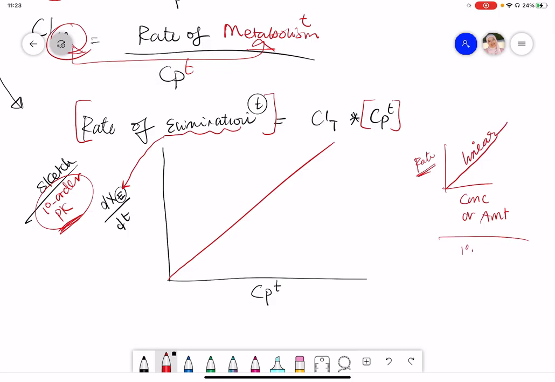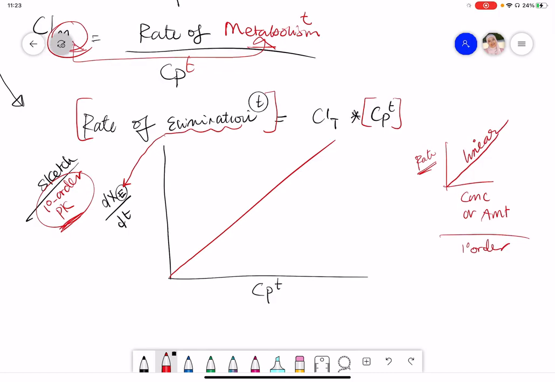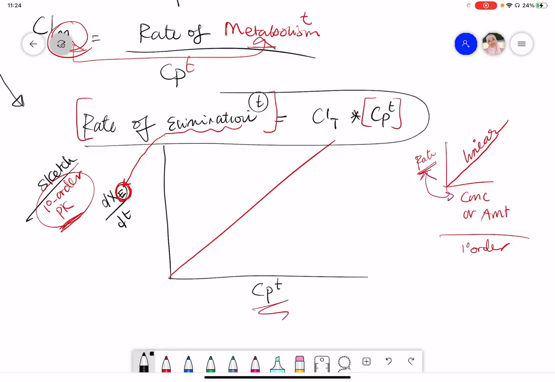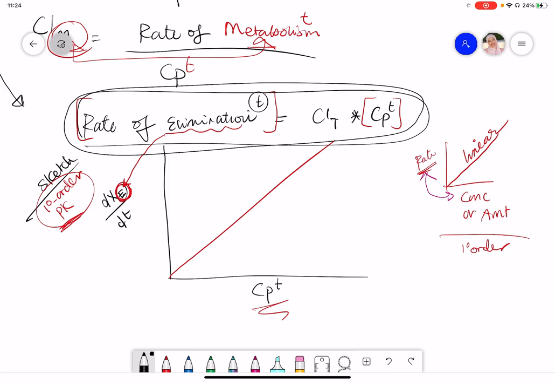It's the same thing. I didn't change anything. I just plotted elimination rate versus concentration, which is the same as here, but we are talking about this equation, which shows us what is happening in first order kinetics.